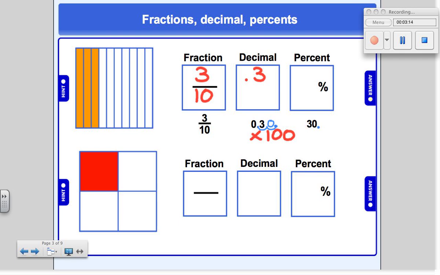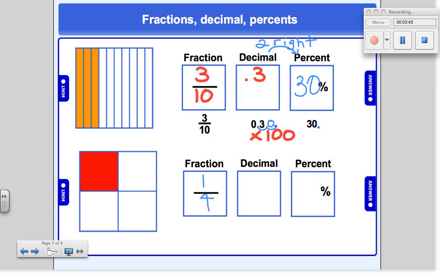So that would land my decimal point right there. I would add a 0. So my decimal's technically at the end, but remember, we don't really write that. So it would just be 30%. So from moving a decimal to a percent, you are moving your decimal place 2 to the right. Okay, 2 to the right.